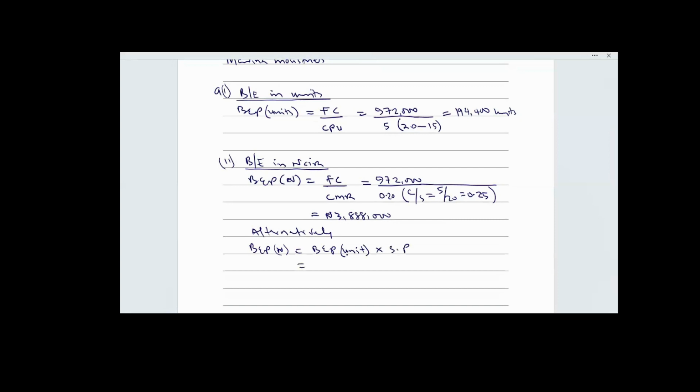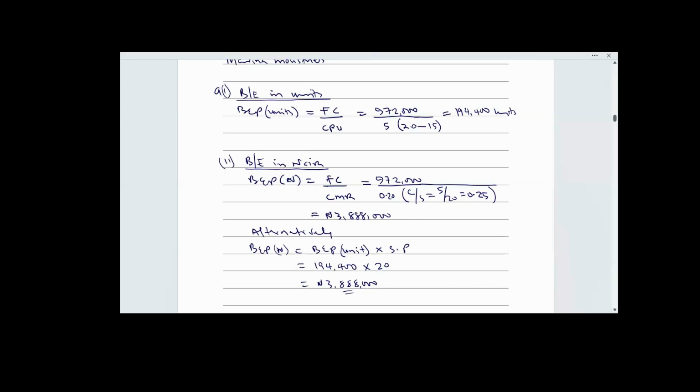So the break-even points in units is 194,400, multiplied by selling price of 20 naira. You should have the same thing as 3,888,000 naira. So this is how to calculate break-even points in units and also in naira.